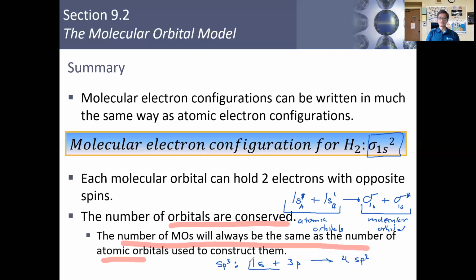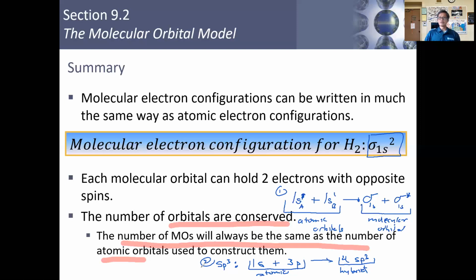We start out with four atomic orbitals, and we end up with four hybrid orbitals. So what's happening up here with the molecular orbitals is very similar to the conservation we talked about with hybrid orbitals.